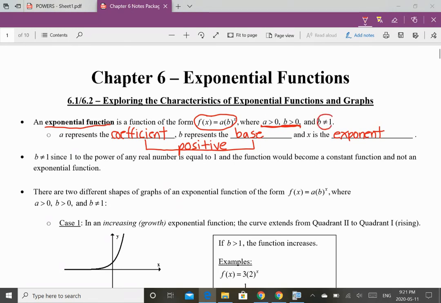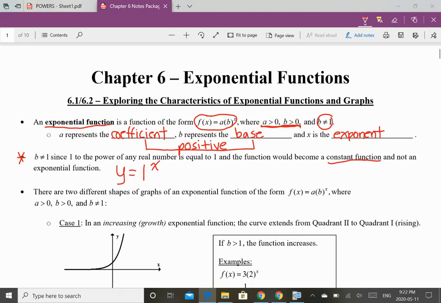b cannot equal 1 is explained right down here. Since 1 to the power of any real number is equal to 1, the function would become a constant function and not an exponential function. So you will never see y equals 1 to the power of x.